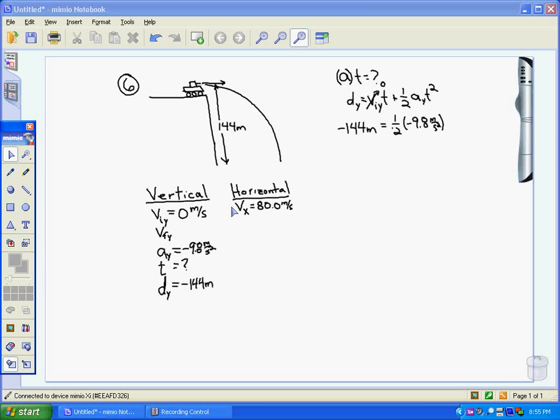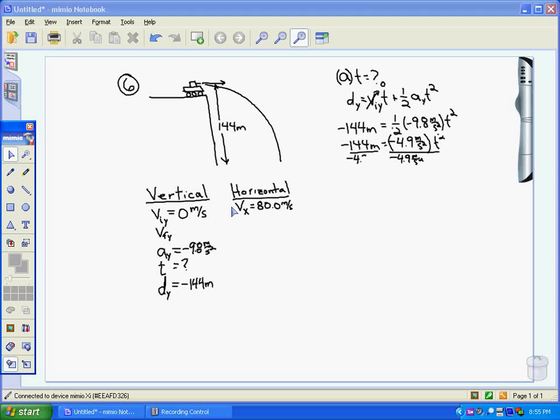So negative 144 meters equals negative 4.9 meters per second squared times t squared. Divide both sides by negative 4.9 meters per second squared.